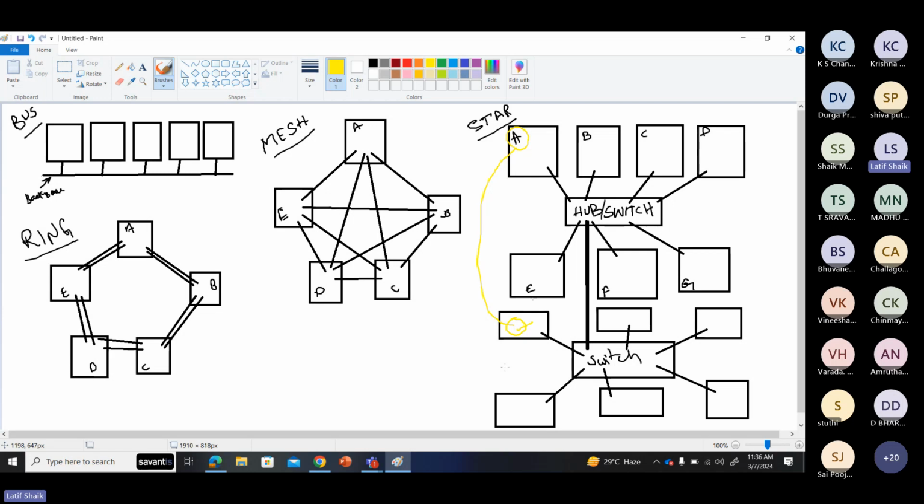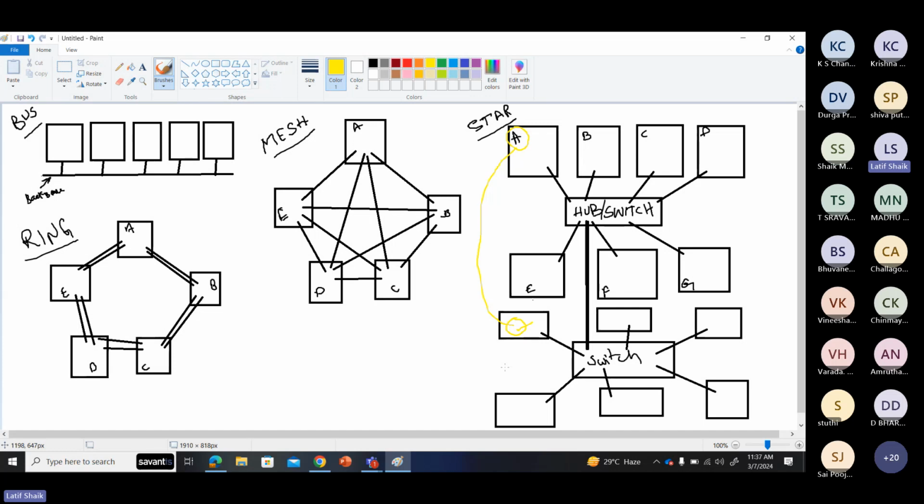How is it easy to scale? We can extend our network by adding other switches or hubs to the network. If you connect them, you can increase the number of devices.